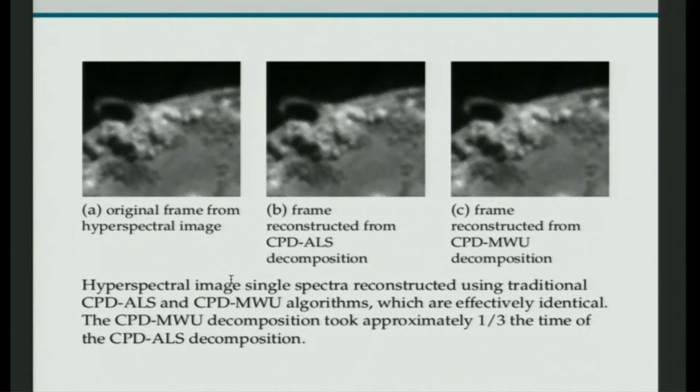They are effectively identical, but this decomposition took approximately a third of the time of the ALS decomposition, and that's significant, right? In scientific computing, I think that's a significant gain.